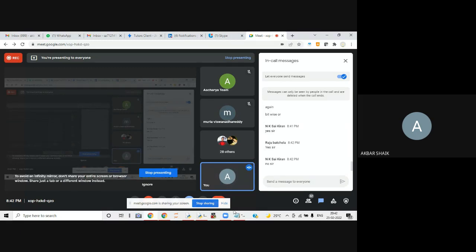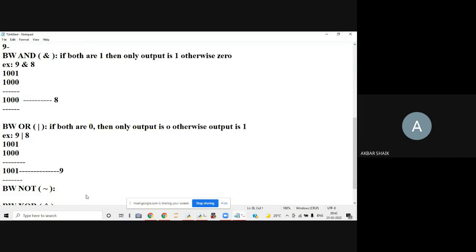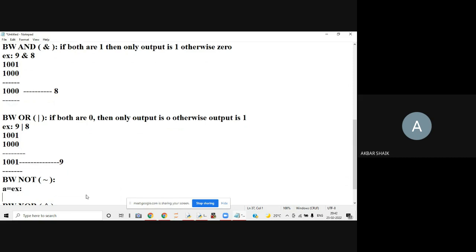Okay, right. So now we'll go for bitwise NOT. Very simple. For example, if I take some a value equal to 4, then negation, bitwise NOT of a, is equal to minus of a plus 1.